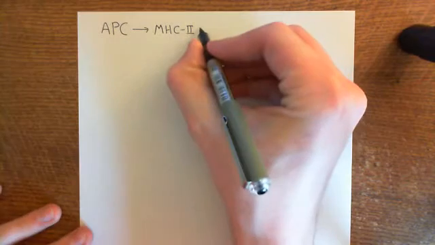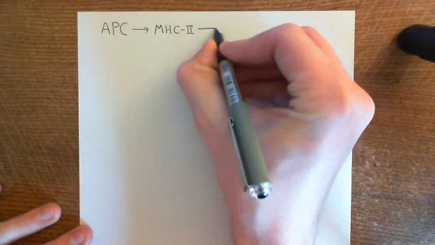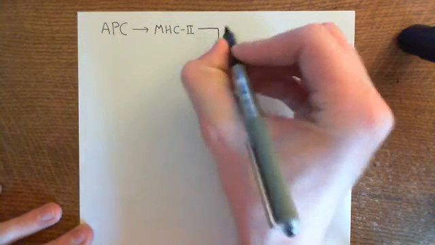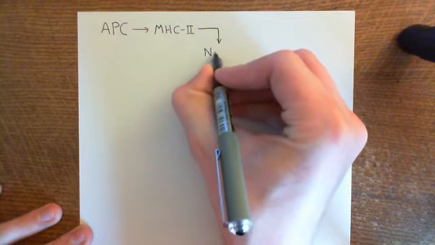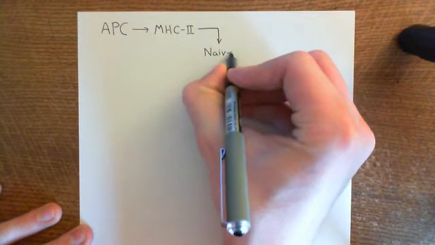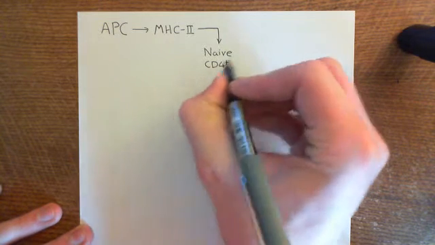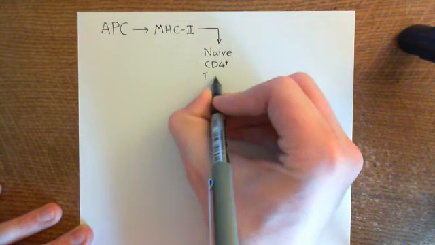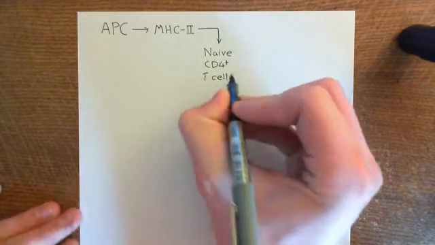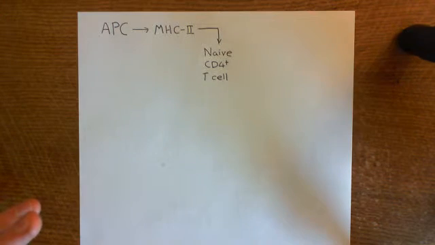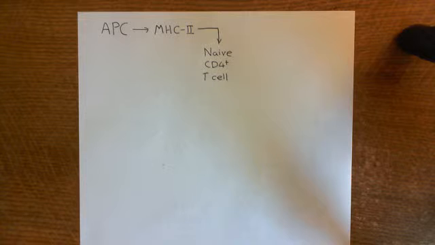It then goes to the lymph nodes and it's going to find, again, a naive CD4 positive T cell, because CD4 binds to MHC class 2. So it's going to go to the lymph node and it's going to search long and hard for a naive CD4 positive T cell, which has a perfect T cell receptor on its surface for this antigen fragment that you are presenting.